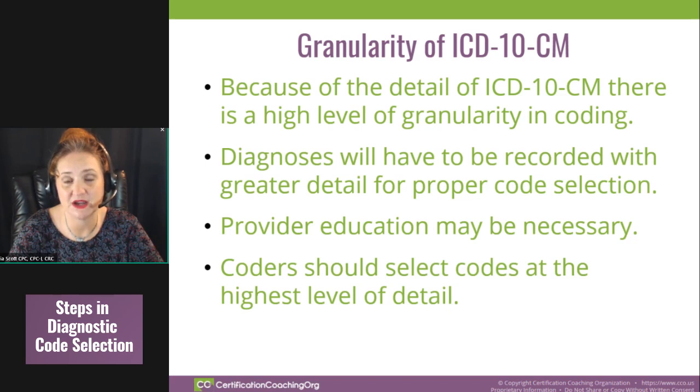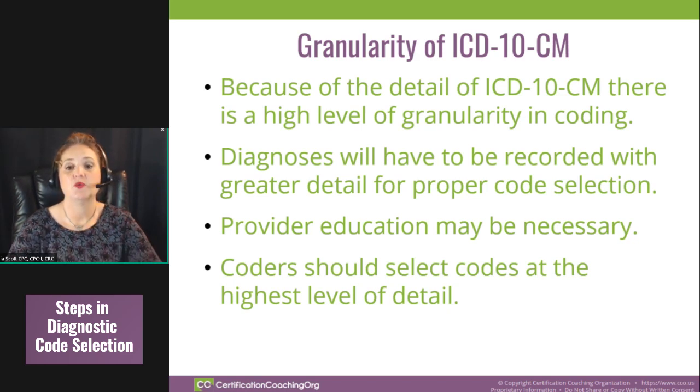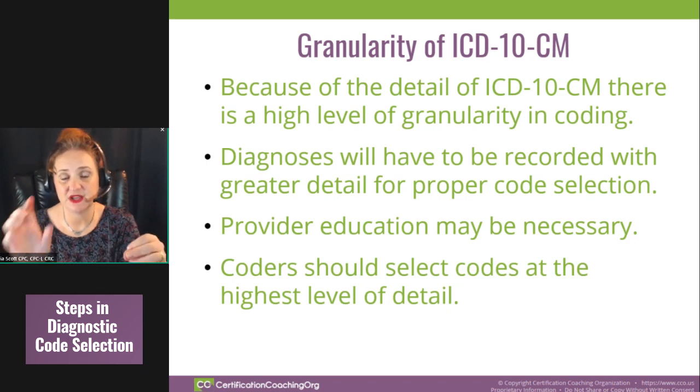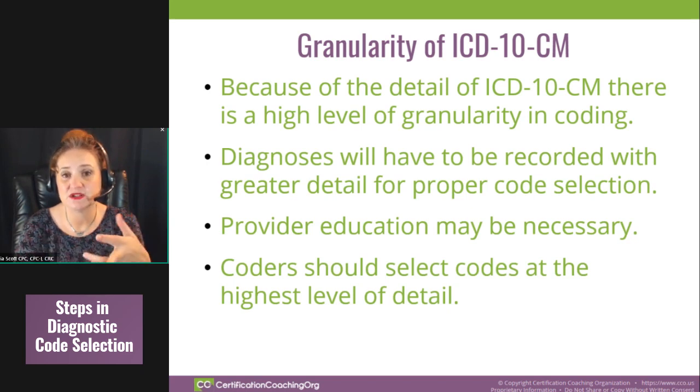In doing so, the higher specificity even allows us, with that 7th character, to say if this was an initial visit for this diagnosis, a subsequent visit, or a sequela or late effect visit. And then with fractures, we can even say this is a subsequent visit for a malunion of a specific type of fracture, all because of that 7th character. We couldn't do that before.